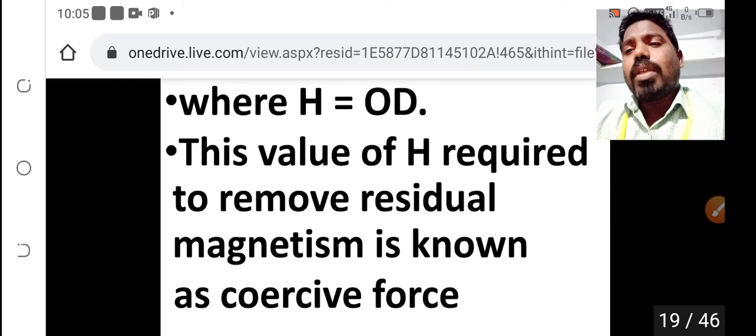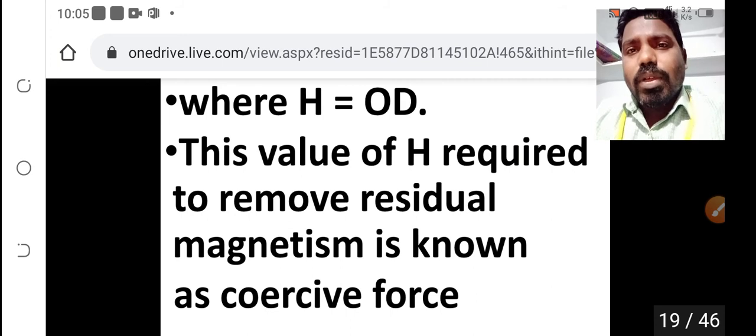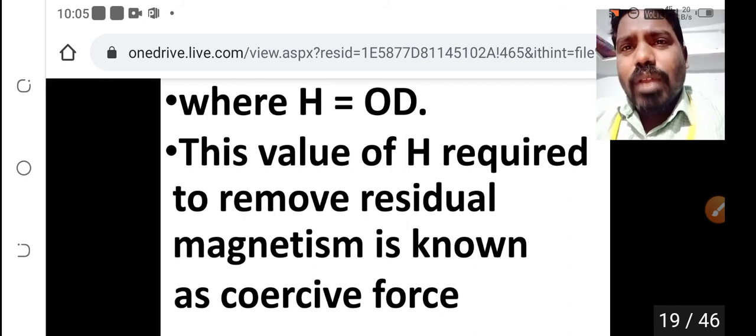To remove the residual magnetism, whatever force is required is called the coercive force. What is residual magnetism? When the value of H is 0, B still has a certain value of magnetic property.